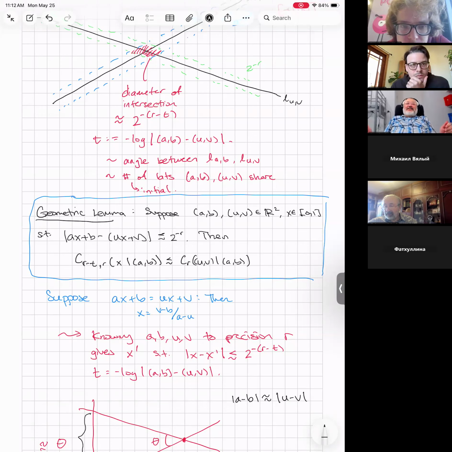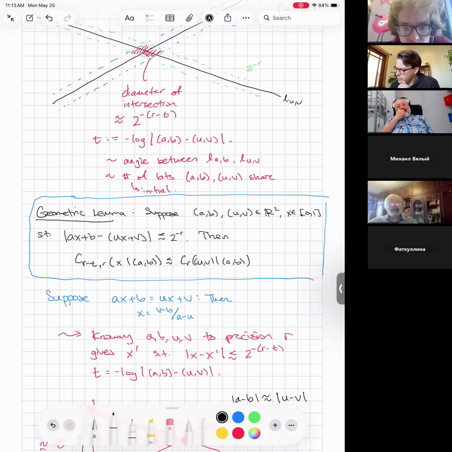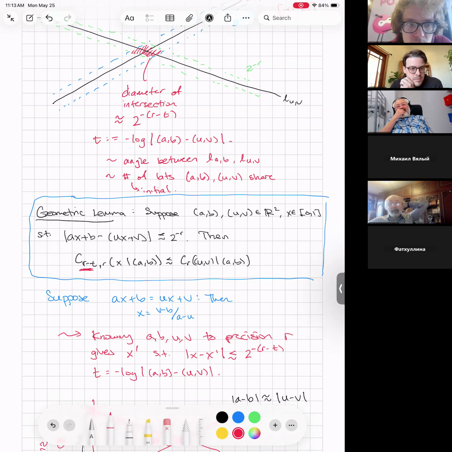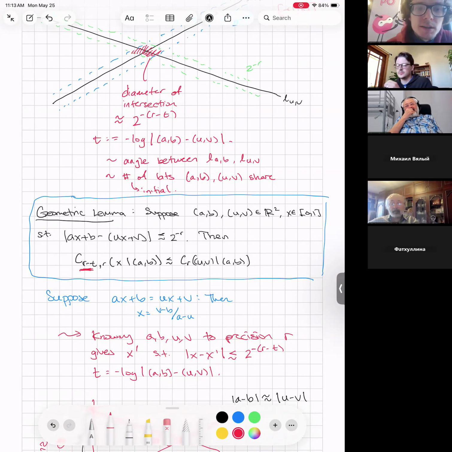I'm trying to read the last inequality here. So if I know A and B, and I can describe U and V, this gives me X, the intersection point, up to R minus T bits. Correct.